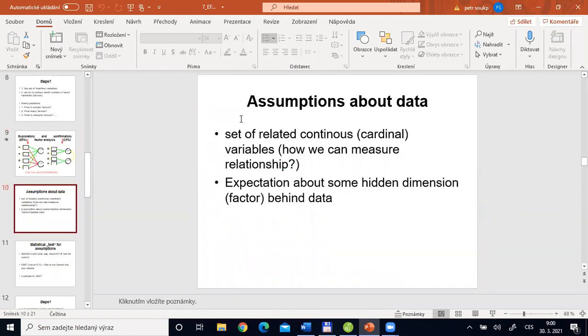First of all, I would mention some assumptions for classical exploratory factor analysis. If I were perfectly correct, I should have a set of continuous or cardinal variables. Once again, I would like to repeat that we usually differentiate nominal, ordinal, and cardinal variables.